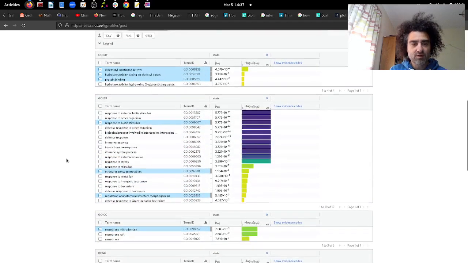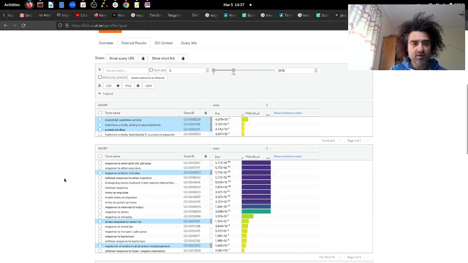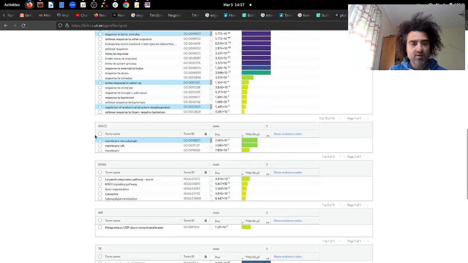So gene ontology, these terms that we said previously, are separated in three categories. One category is the molecular function, MF, another one is the biological process, BP, and the third one is the cellular component, CC, which tells where on the cell this gene is, with what cellular component this gene is linked.